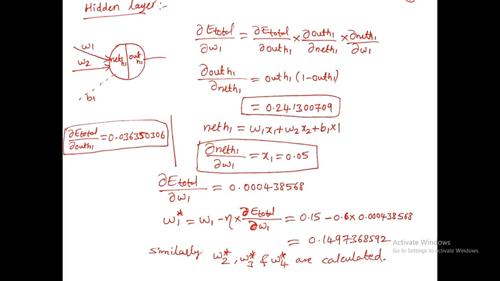So this is a continuous process. It can repeat thousands of times. In this process, if you find the error within the prescribed limits, then you can terminate the program. Otherwise, this process will continue. The limits for that error need to be decided by the user.